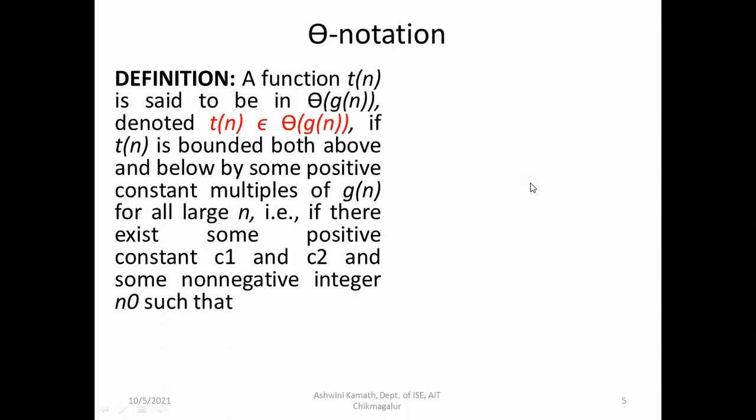That is, if there exist some positive constants C1 and C2 and some non-negative integer n naught such that T of n is greater than or equal to C2 into G of n and T of n must be less than or equal to C1 into G of n for all n greater than or equal to n naught.